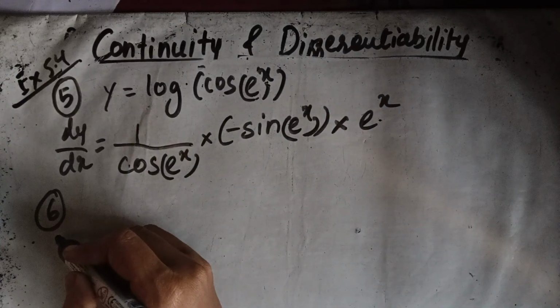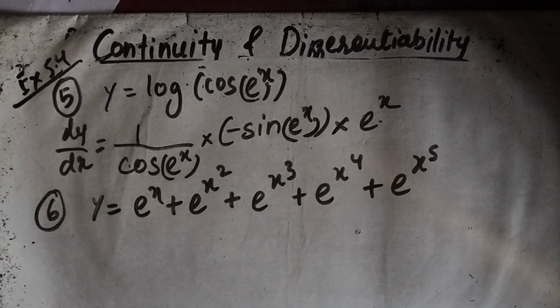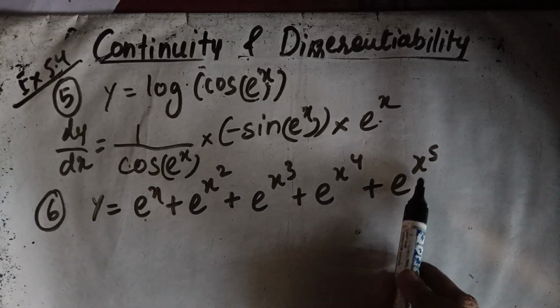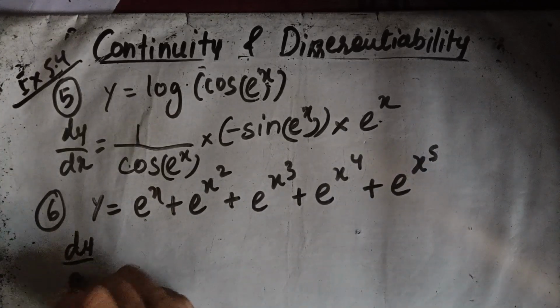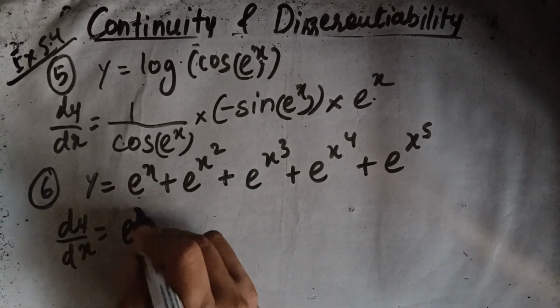Sixth question is given e raised to x, so here they have given e raised to x raised to 5 till 5. Okay. So simple it is. You have to just differentiate this e raised to x.